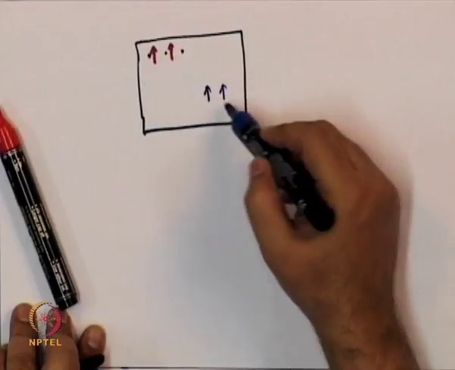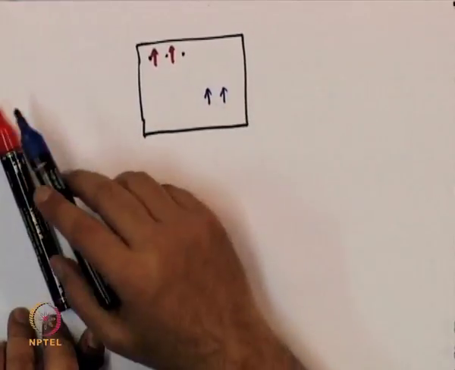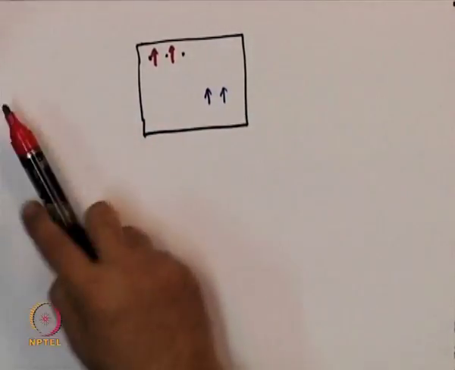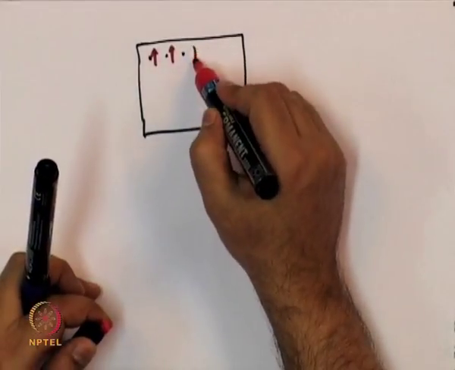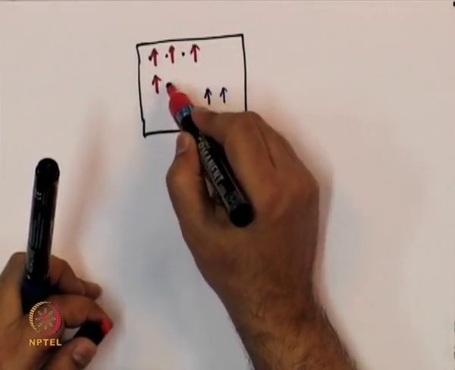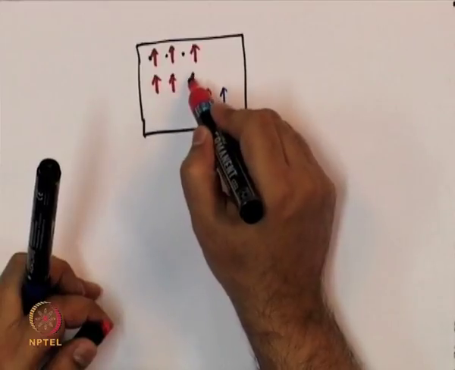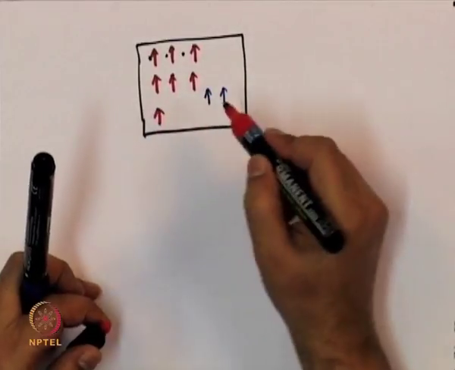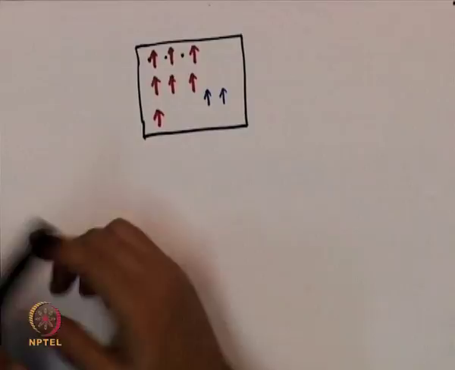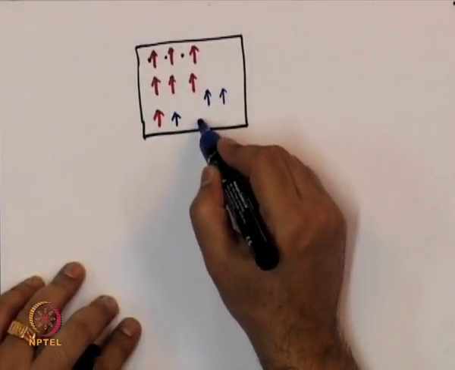These are known as domains, because as you can see, I am using this symbol of an arrow to draw your attention to the magnetic domains that you would see in ferromagnetic crystals. So it is something very similar to that.